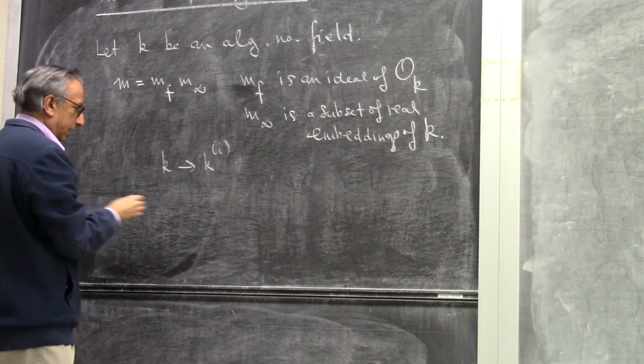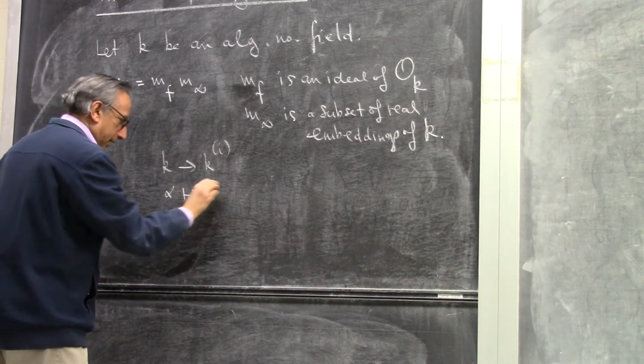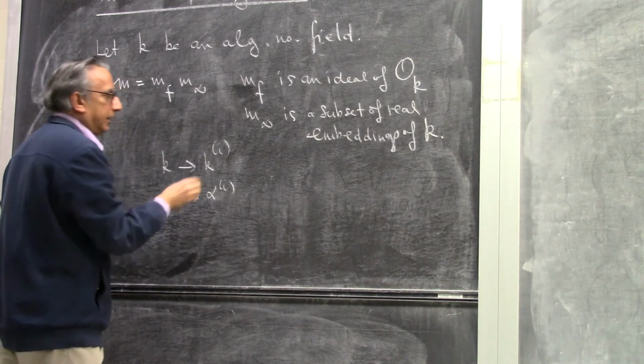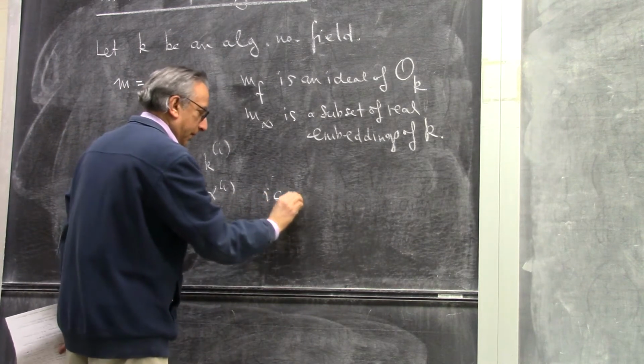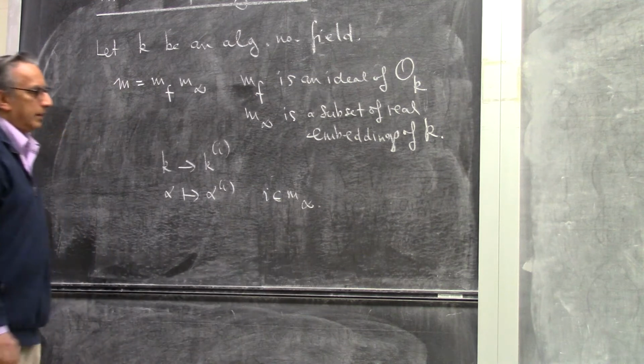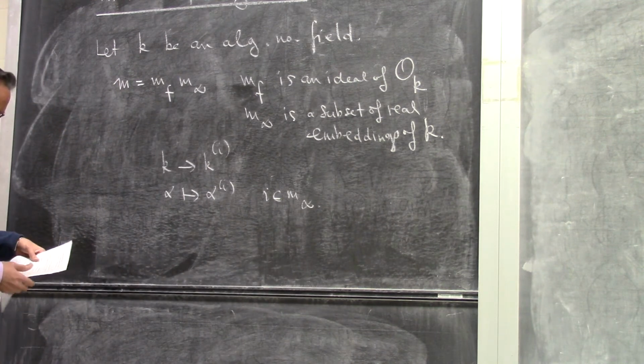So we're going to look at alpha goes to the ith conjugate, and here these i's are some real embeddings that are contained in m_infinity.